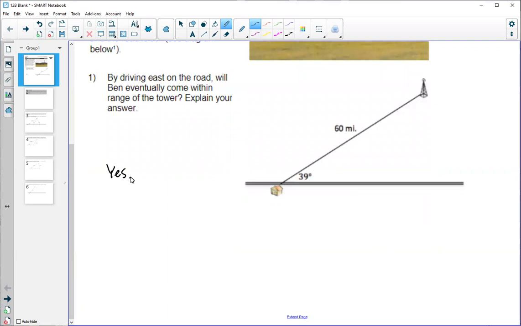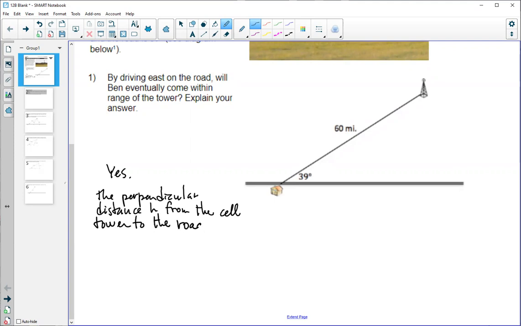And we could say something like the perpendicular distance. And we can call that perpendicular, and I'll put this on the graph. I'm going to call it H, from the cell tower to the road.